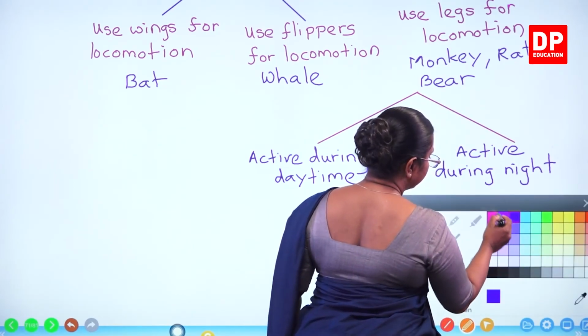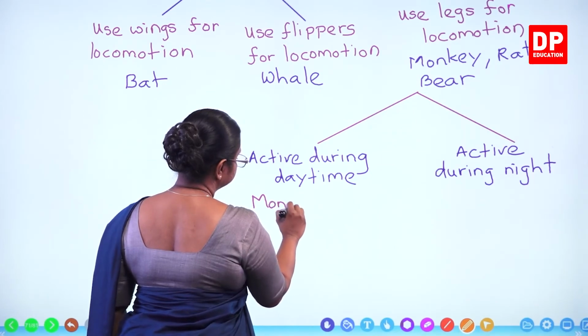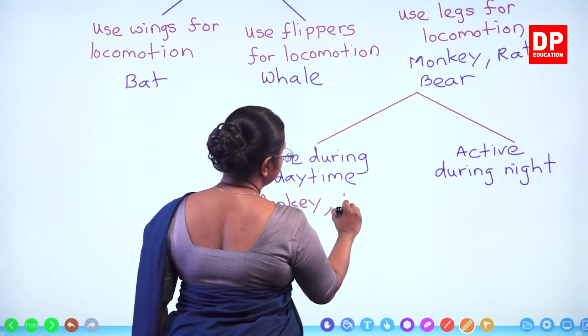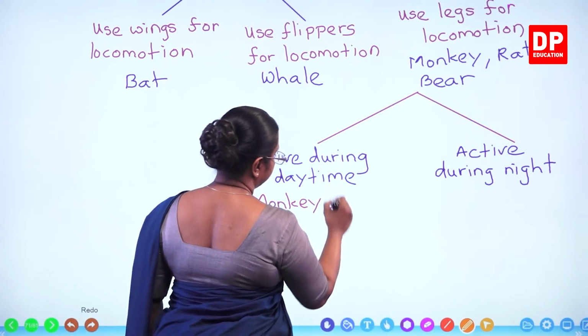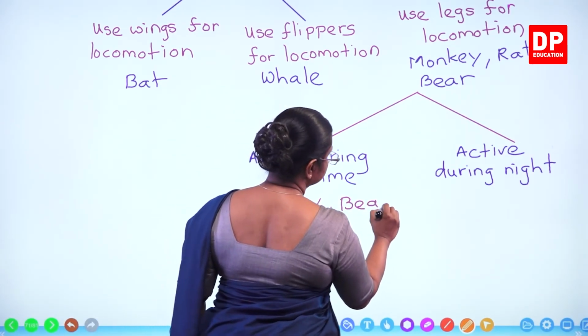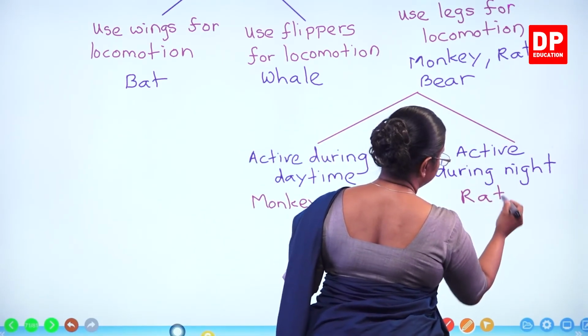So what are the organisms? Here we will have monkey and we will have bear. Then active during night time, it's going to be rats.